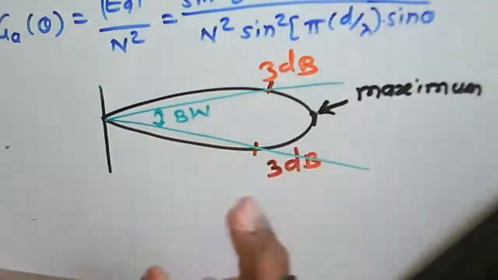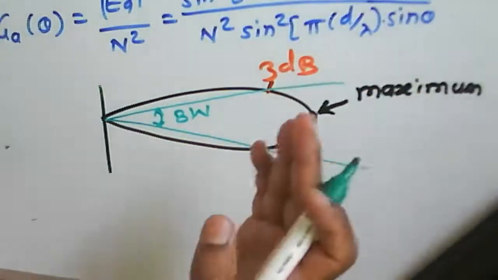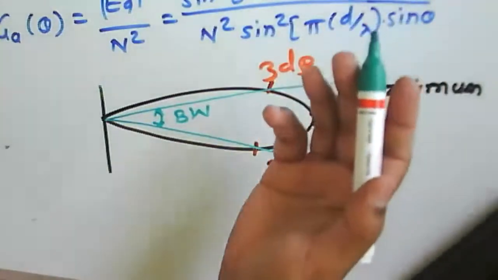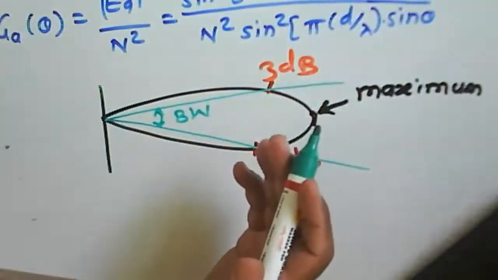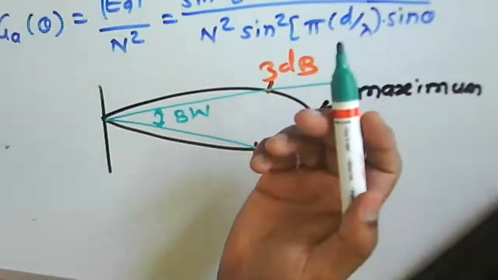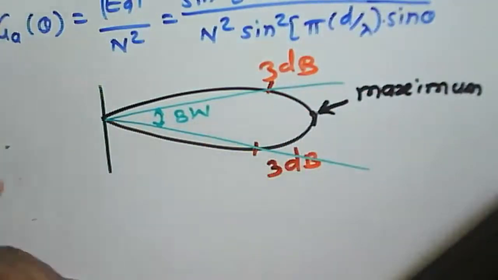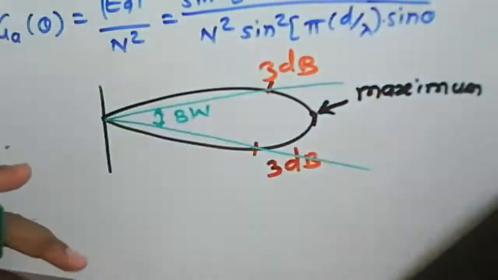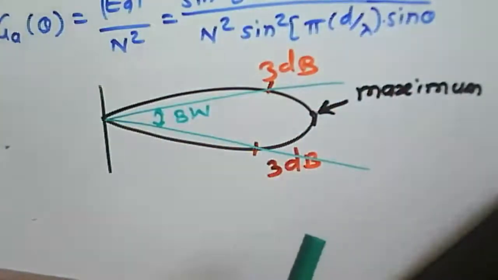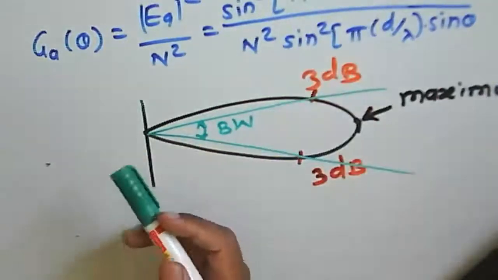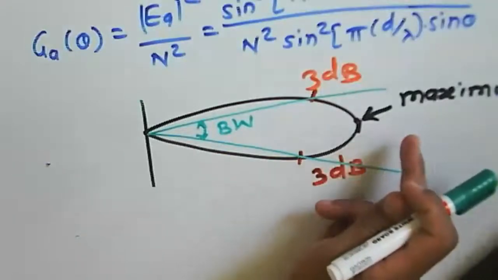But instead of decibel, if we consider only the amplitude or voltage, and we just consider half of it, in that case we are getting the half power beam width. This one is a 3 dB beam width, here we are writing in terms of dB. If we are writing in terms of amplitude or voltage, it is nothing but the half power beam width, so 0.5 of the maximum value.